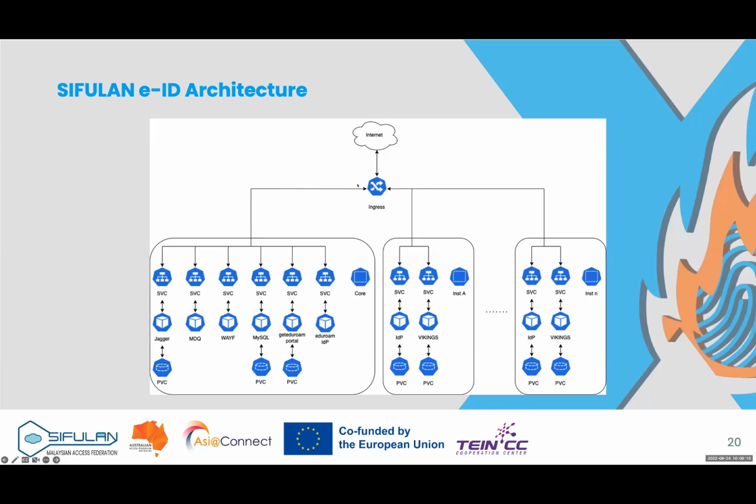The ingress will be managed in Kubernetes. There is one component called ingress, which does the mapping to each service and pod, because ingress connects to the service, which connects to the pod. So ingress will manage it.